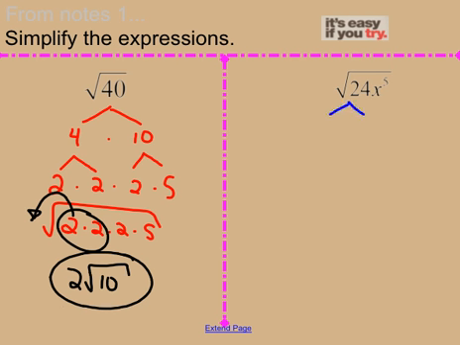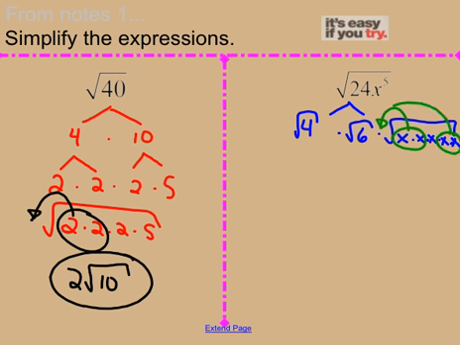Over here, though, I would probably split this into the square root of 4 times the square root of 6 times x times x times x times x times x. Kind of run out of room there. These two come out front. Maybe these last two come out front.